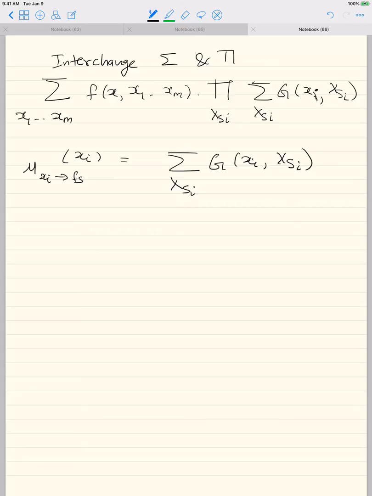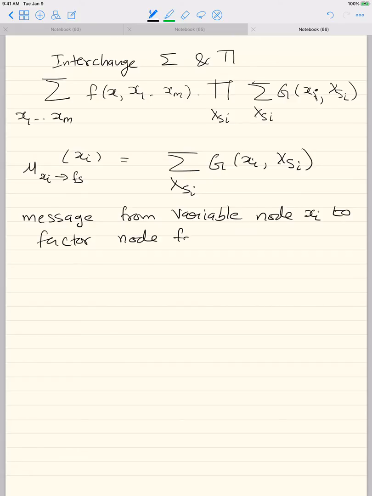So this is a message from variable node xi to the factor node fs.